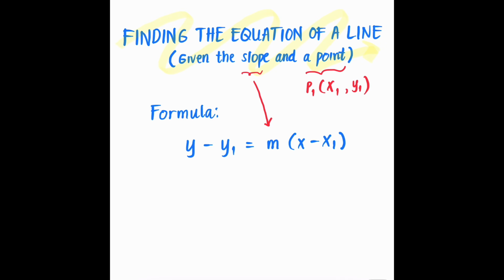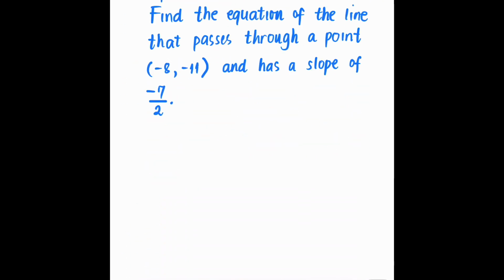Let's answer an example. Find the equation of the line that passes through a point -8, -11, and has a slope of -7/2. So from the given problem, we can see the given point right here and the slope, which is -7/2.